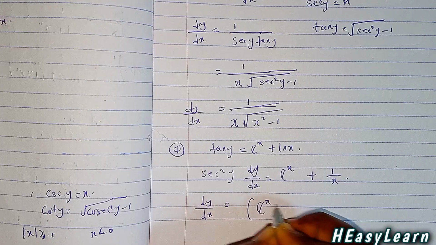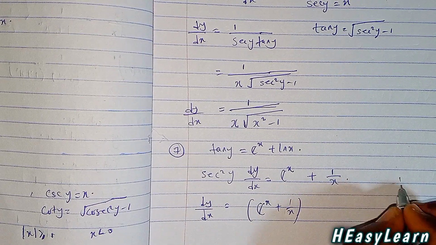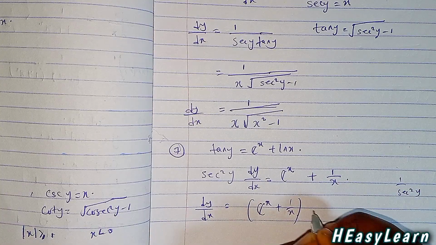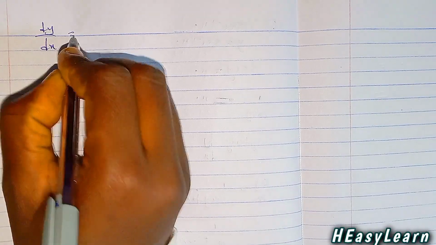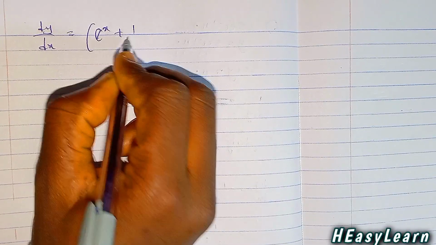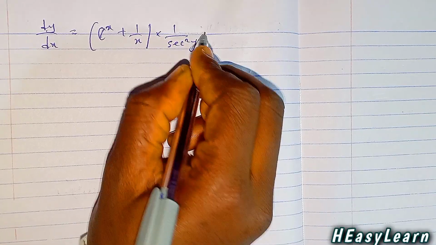This is the same thing as exponential x plus 1 over x, multiplied through by 1 over sec square y. So dy/dx is equal to exponential x plus 1 over x multiplied by 1 over sec square y.